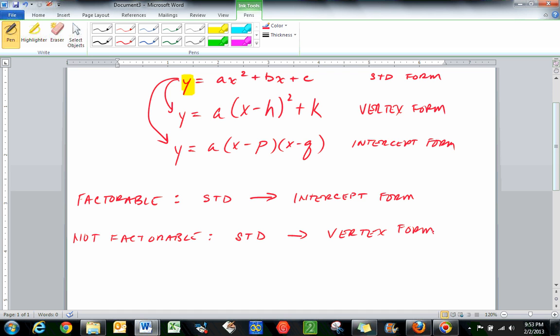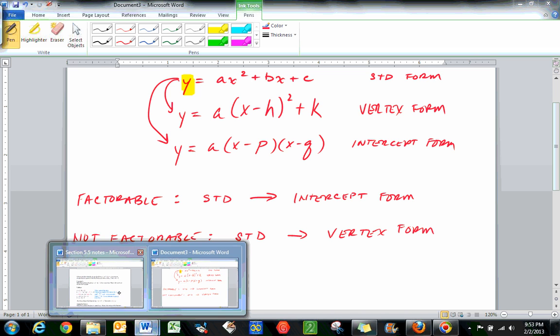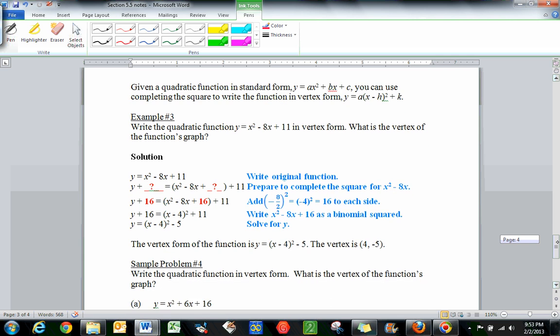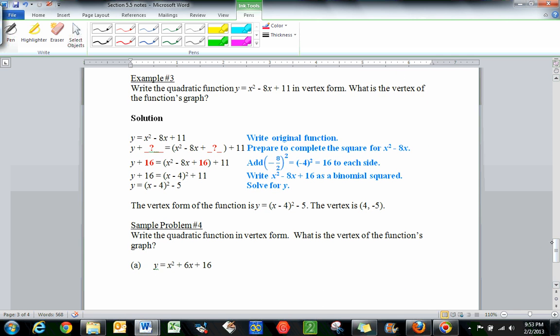So what we're going to do is get a little practice in changing quadratic functions to vertex form for this lesson and completing the square. So if we look at example 3, example 3 is going to give us a quadratic function, x squared minus 8x plus 11, and we should be able to recognize at this point that that is not factorable.